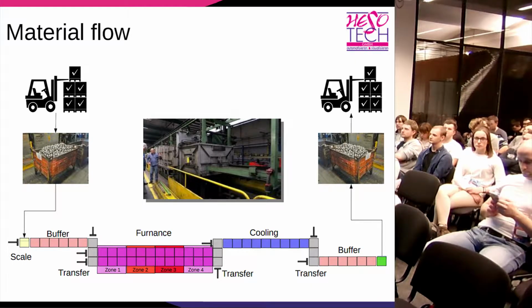And these are real photographs. Here you see a fork truck delivering the lot, the order. These consist of different boxes. These boxes are divided into cages. Each cage has to be measured by mass.